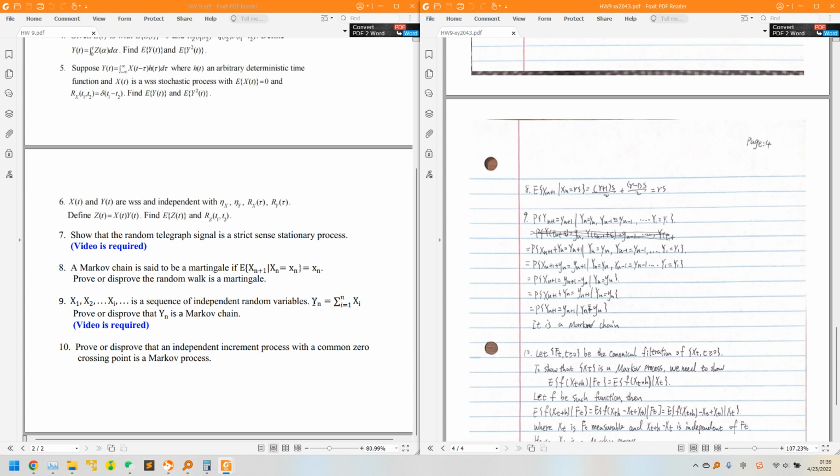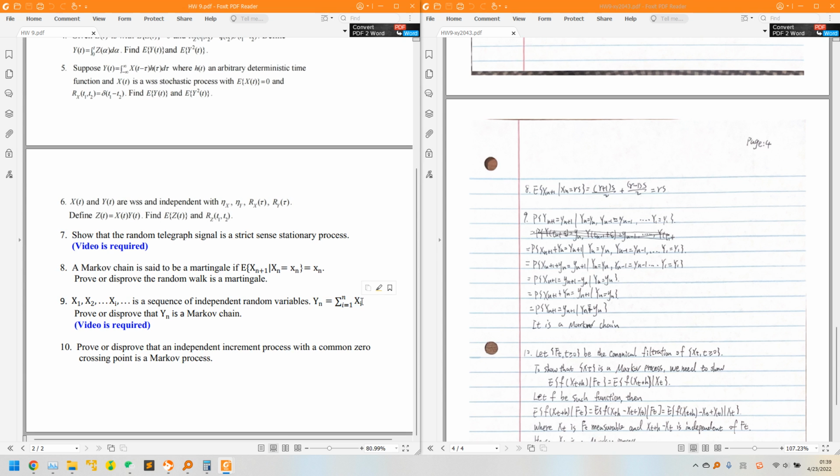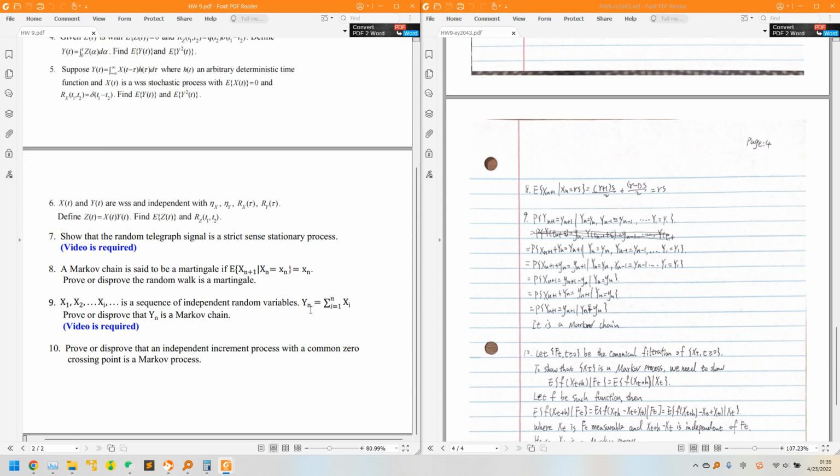First we notice that it gives us this equation: Yn is equal to the sum of Xi, i from 1 to n, and we can substitute this Yn plus 1 here. So Yn plus 1 can be converted to Xn plus 1 plus Yn, and we can continue transforming this equation.